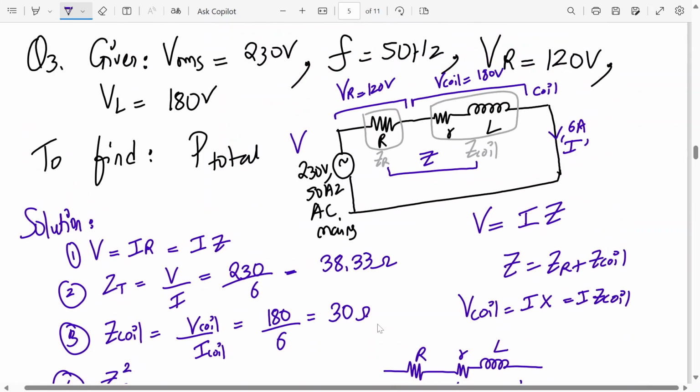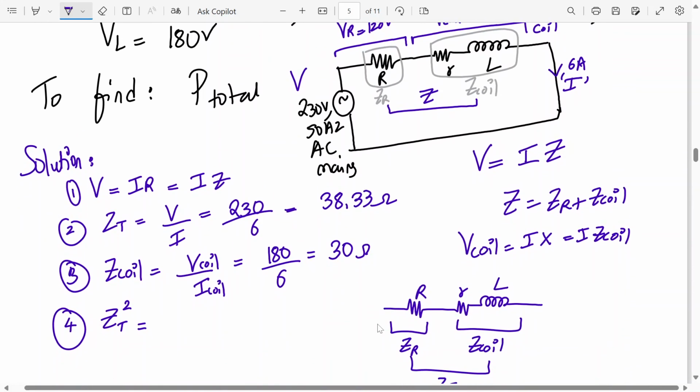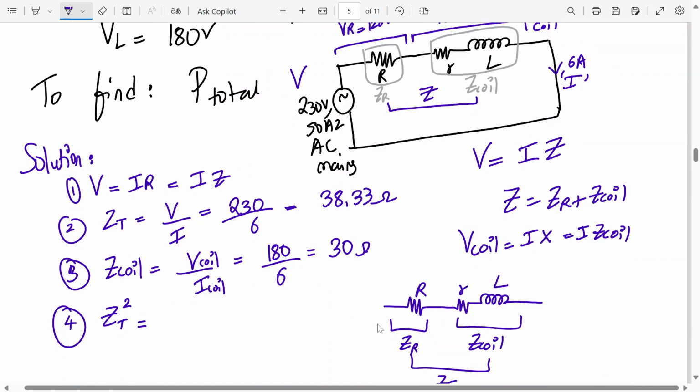Is the R value given to you? No, no. Come on, tell me. We can find R, small r.